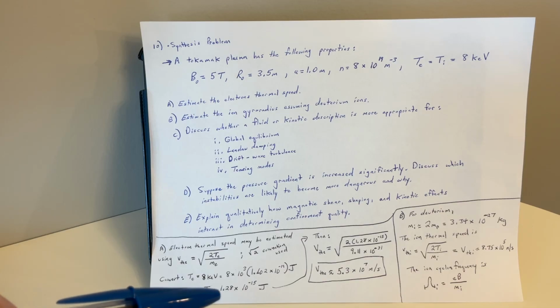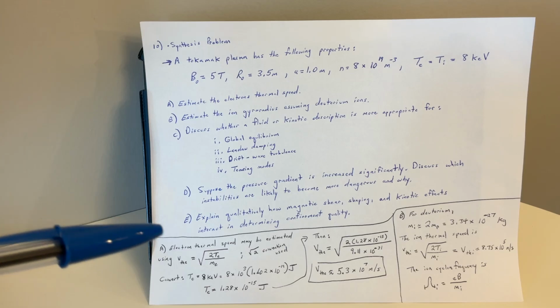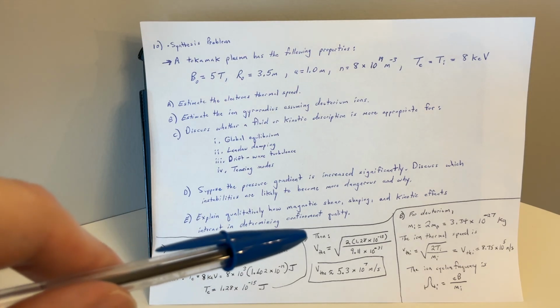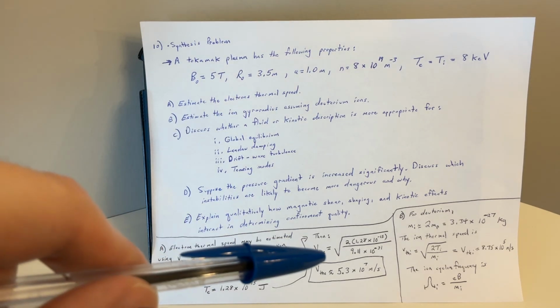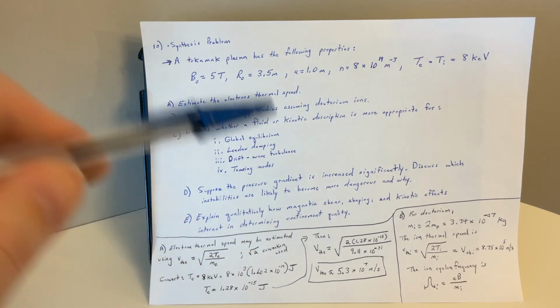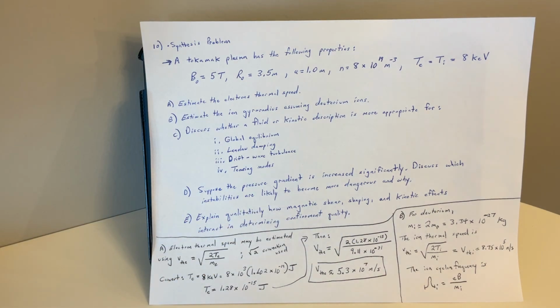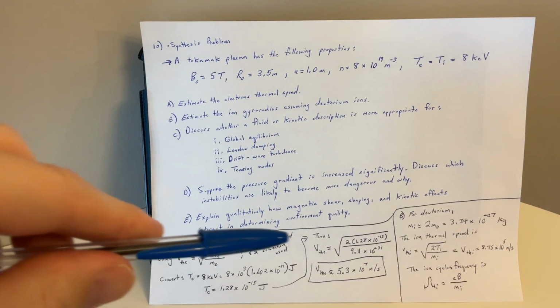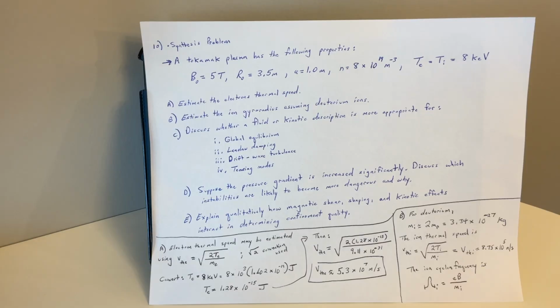So T_e is 1.28 times 10^-15 J. Then v_the equals the square root of 2 times 1.28 times 10^-15 over 9.11 times 10^-31. So the electron's thermal speed is approximately 5.3 times 10^7 meters per second.